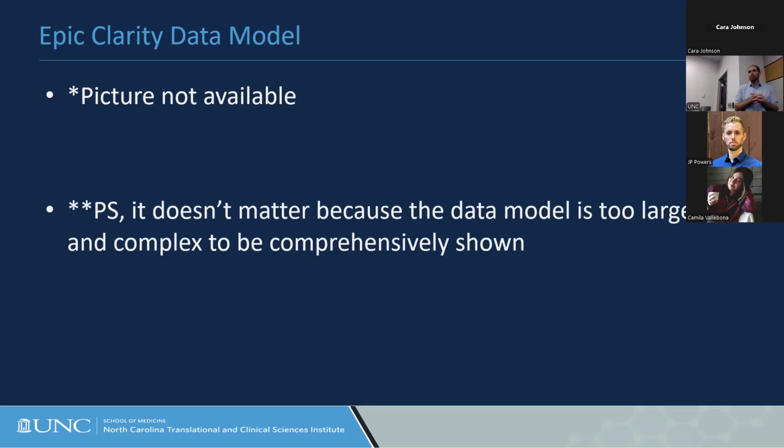Even just thinking about this again, I feel like most people focus on Epic here, but I can't reinforce enough that the amount of knowledge and expertise needed to work with the Epic Clarity data model is crazy. For one thing, I can't even show you the data model because it is proprietary. Additionally, I can't show it to you because it's like 20,000 tables. I've never even seen an actual full-scale holistic representation of the Epic Clarity data model.